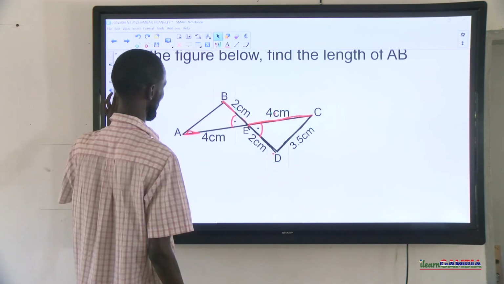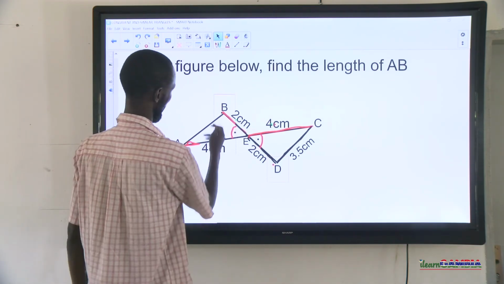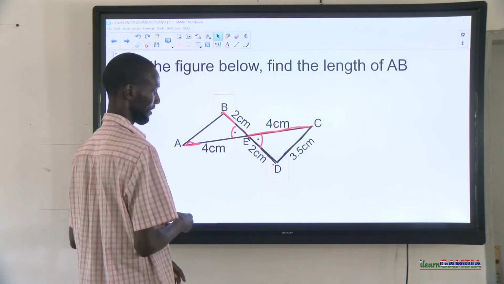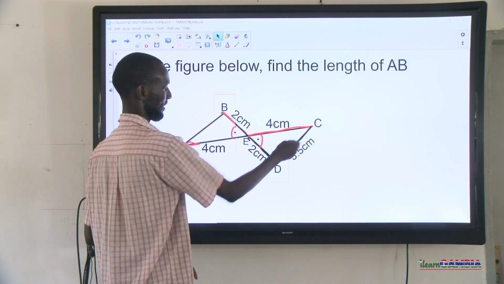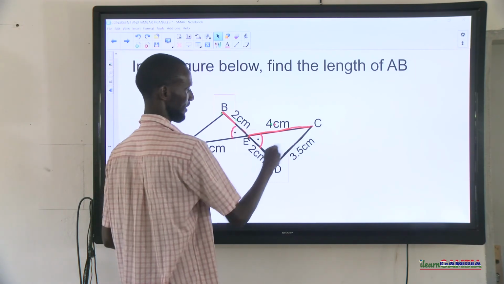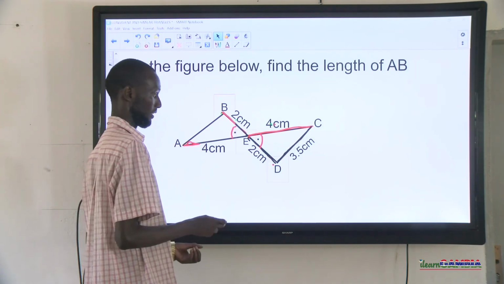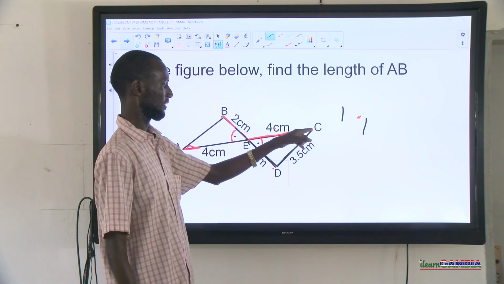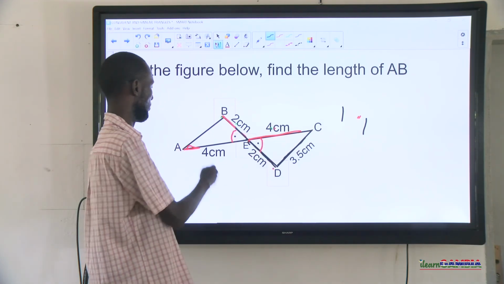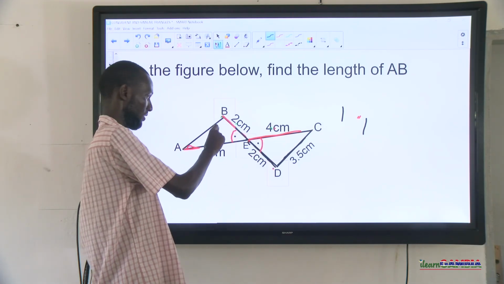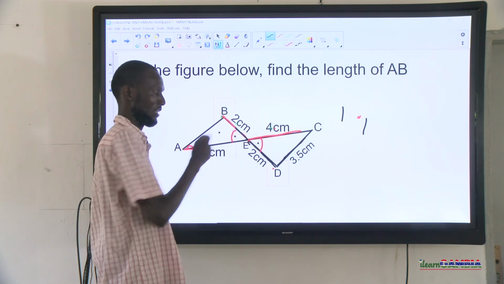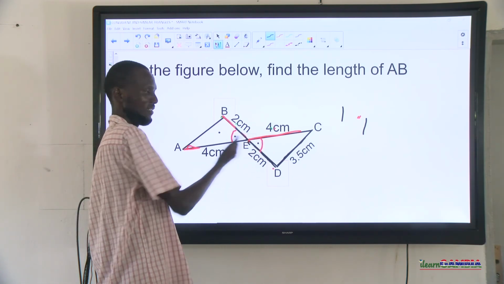So therefore, we have been asked to find this AB, and we can see that AB corresponds to DC. So therefore, if DC is 3.5 centimeters, we can say this CD should be equal to AB, because this triangle is congruent to this triangle, okay? So their corresponding sides would be equal.